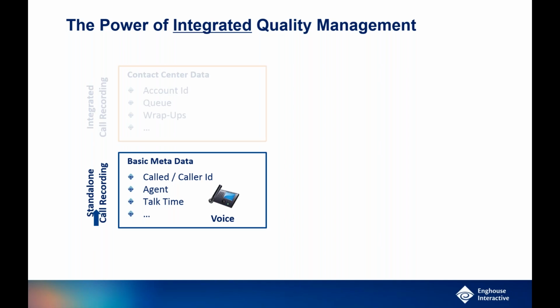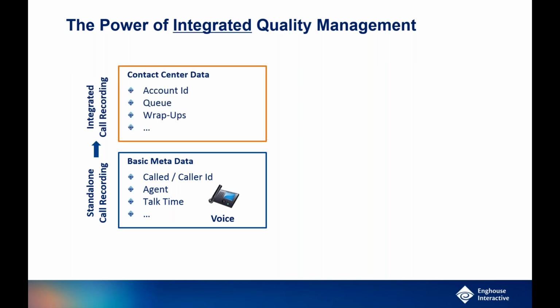But where we really start to get into answering some of the questions, and John alluded to this as well, is when we integrate call recording into the contact center. You start asking questions around business information or business key identifiers, such as an account ID, for example, or a queue. So your queues are likely mapped to the products or services that you're offering.